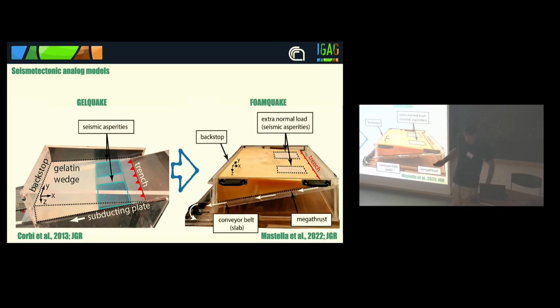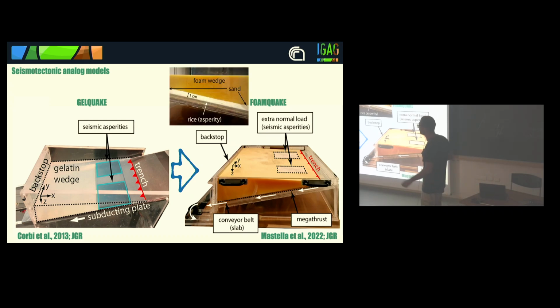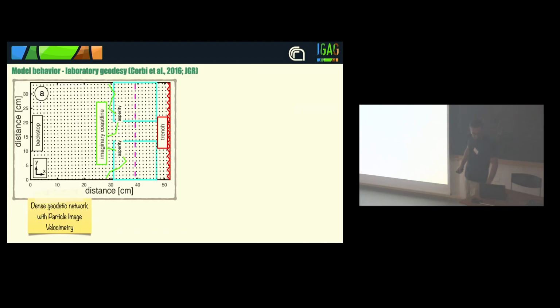What is interesting is that the experiment features a 1 centimeter thick analog of the gouge that is made by sand and jasmine rice. Jasmine rice is super cool to work with in the laboratory because it stick-slips at very low normal stress. You can feel it at the supermarket: if you push the jasmine rice, you hear the sound of the stick-slip. We also have the twin asperity configuration because we like frictional segmentation, lateral frictional segmentation at subduction zones.